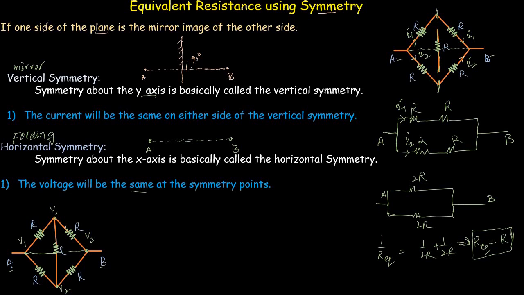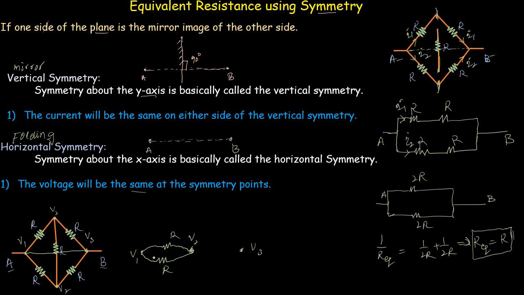Now let's redraw this network in a simpler way. Let's say this point represents V1, this point represents V2, and this point represents V3. Between V1 and V2, we have resistors R, each connected between the same two points, because these points are at the same potential.